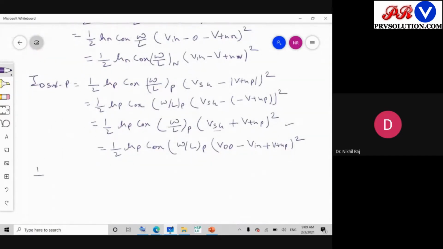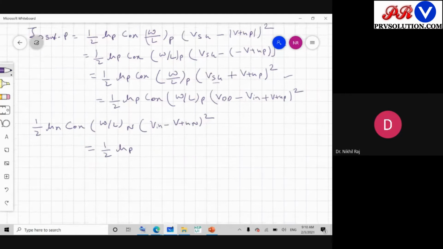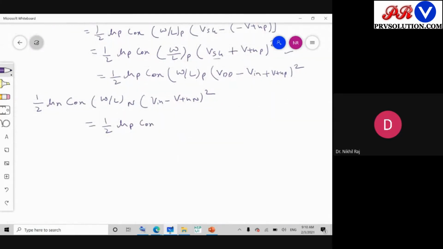Once I equate these two currents, half mu n Cox W by L of n into (Vin minus VTH of n) whole square is equal to half mu p Cox W by L of p into (VDD minus Vin plus VTP) whole square.